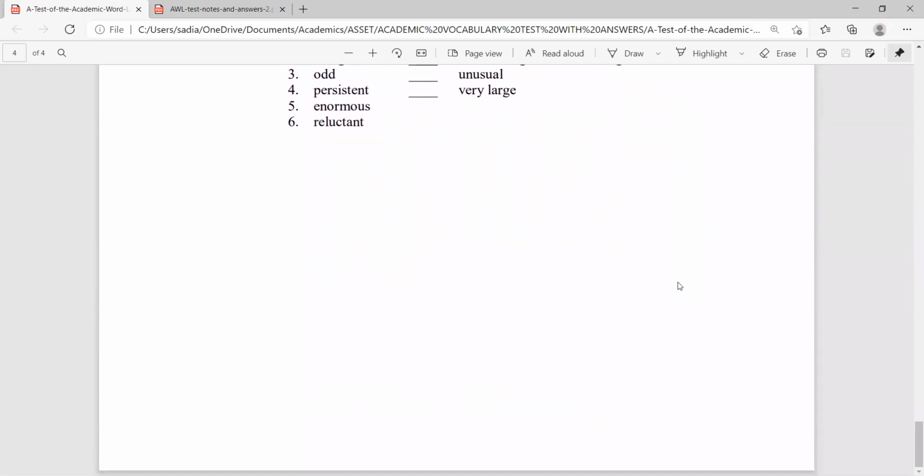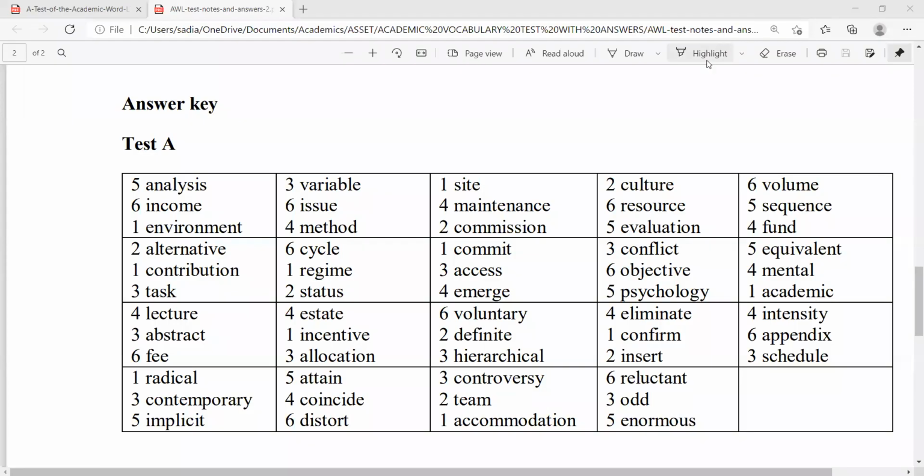Now let us look at the answers. Now let us look at the answer key for our test. For the first set, the answer is 5. Analysis. 6. Income. 1. Environment. You may pause the video, check your answer at this point.